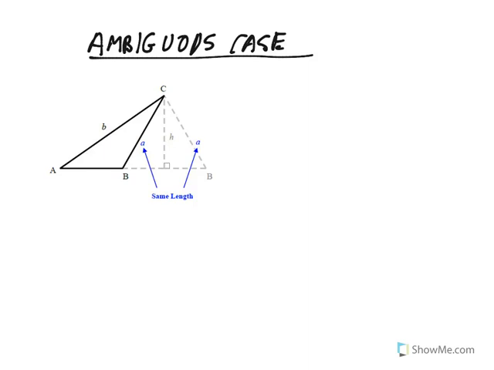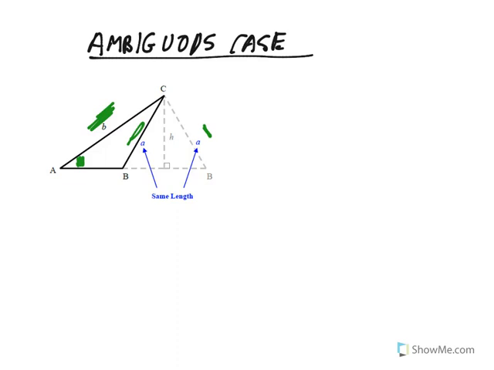So when we get a triangle, it depends on the information that we are given. Say, for example, for this ambiguous case, if we're given this angle in here, we're given that length there, and we're given this length A. There actually ends up being two possible triangles.